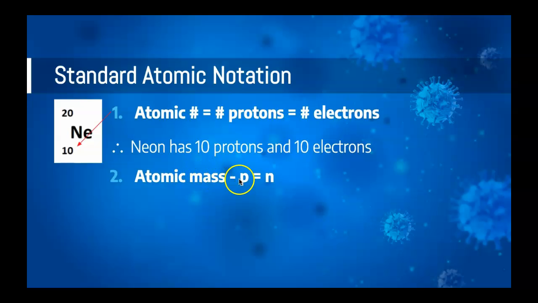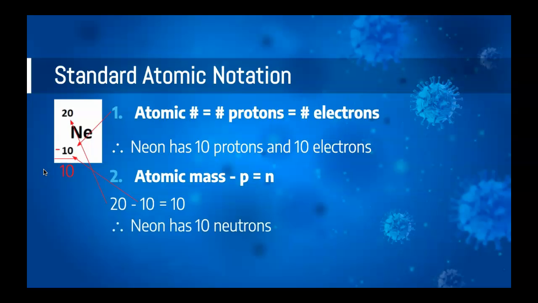The atomic mass minus P gives us N, which we just talked about in the last slide. So 20 minus 10, so the atomic mass minus P, or the atomic number, equals 10. So that means that neon has 10 neutrons, because it's the mass minus the number of protons. 20 minus 10 gives us 10.